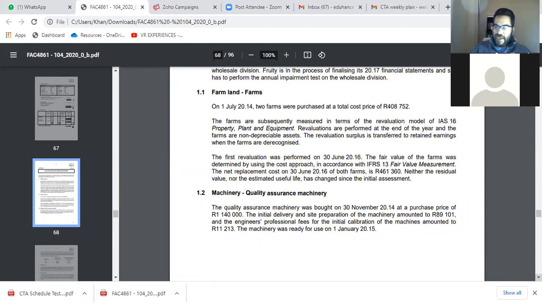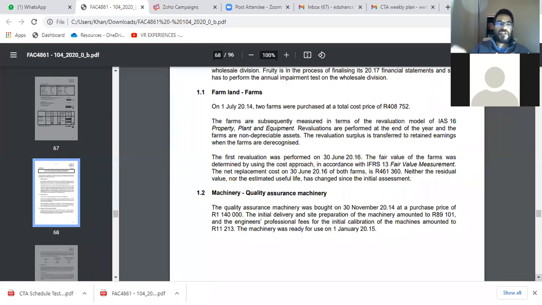Now we must understand any revaluation gain or loss on a PPE asset goes through other comprehensive income. Okay, very important to understand. Any revaluation gain or loss on a PPE asset goes through other comprehensive income.